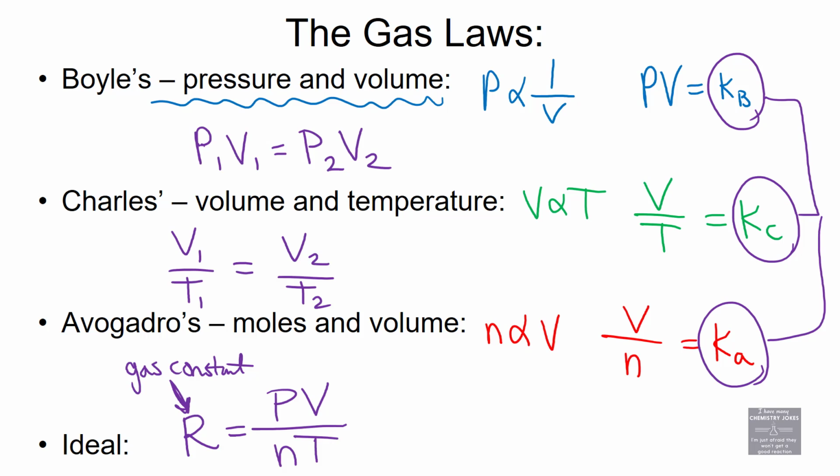And the last one, we don't really see a lot of proportions in the moles, but we could write one, V1 over N1 equals V2 over N2, but that's not usually the case because you have to be able to add in more moles to do that. So moles is not usually in a proportionality equation, ratio equation, like Boyle's and Charles's. So don't do Avogadro's that way.